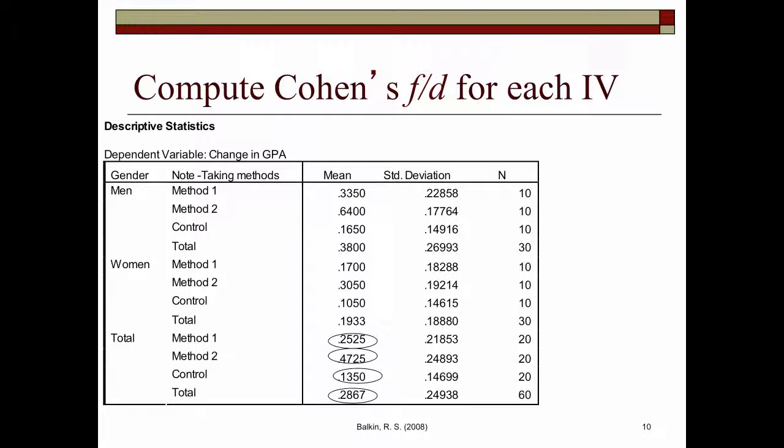Now notice that for note-taking methods, you can see the means from note-taking method 1, note-taking method 2, and the control group. You can also see the grand mean here at the bottom.